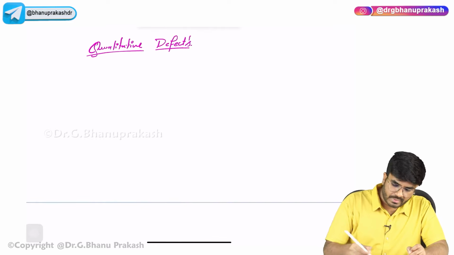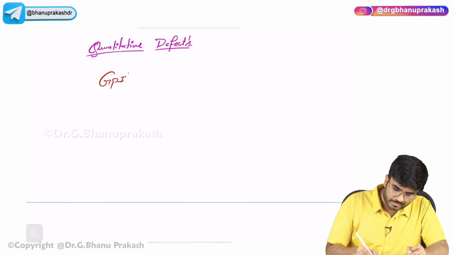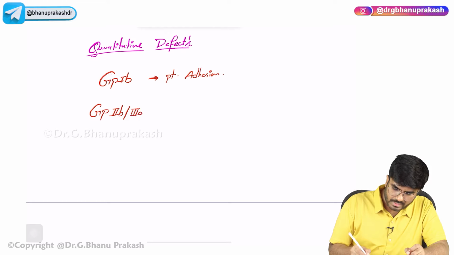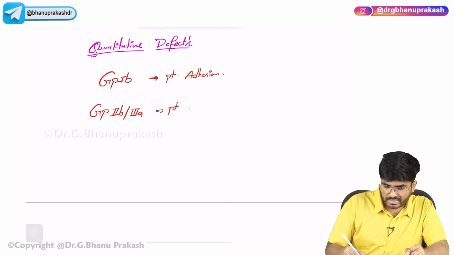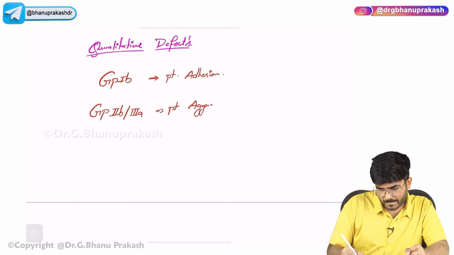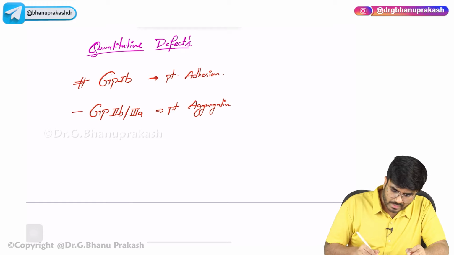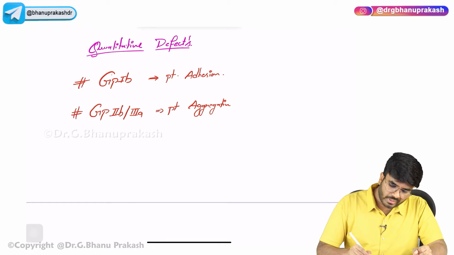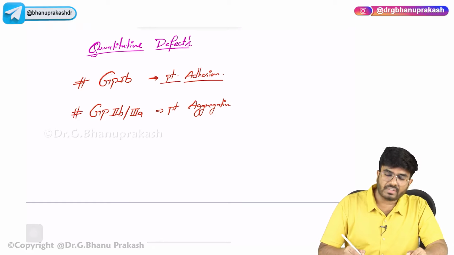I have told you GP1B is involved in platelet adhesion, and GP2B3A is involved in platelet aggregation. There are certain disorders in which GP1B and GP2B3A are defective or absent. GP1B absence is going to cause a defect in platelet adhesion.